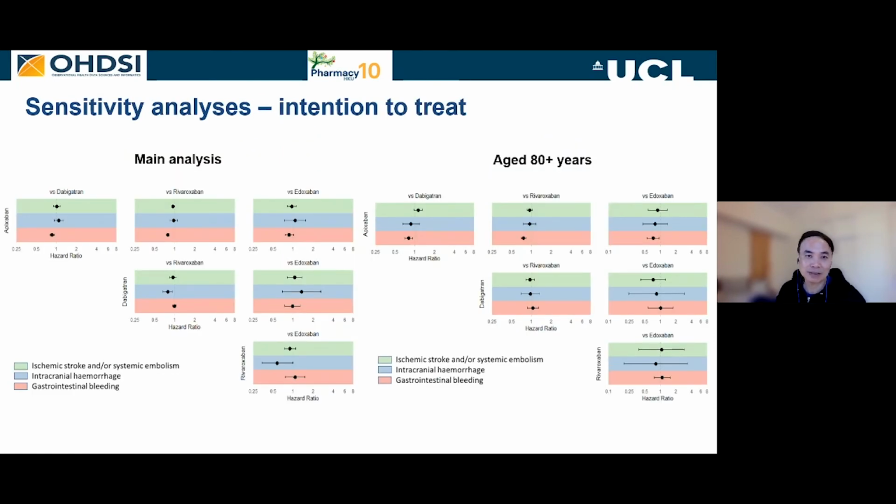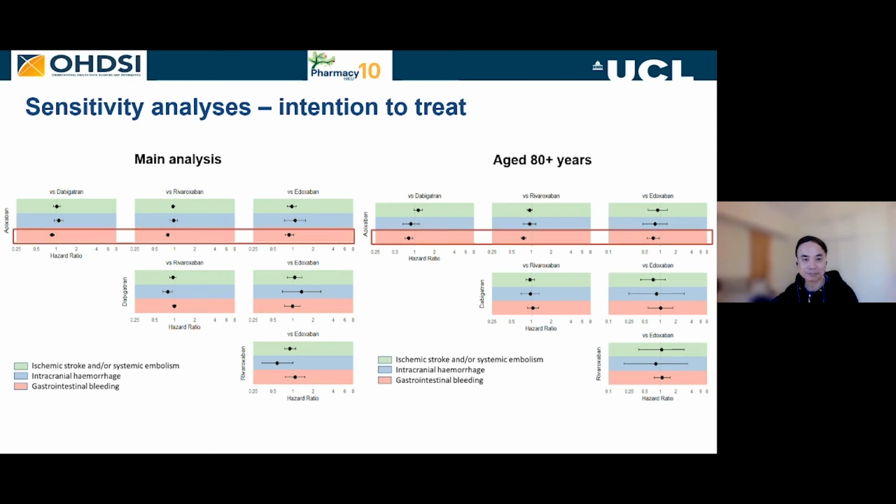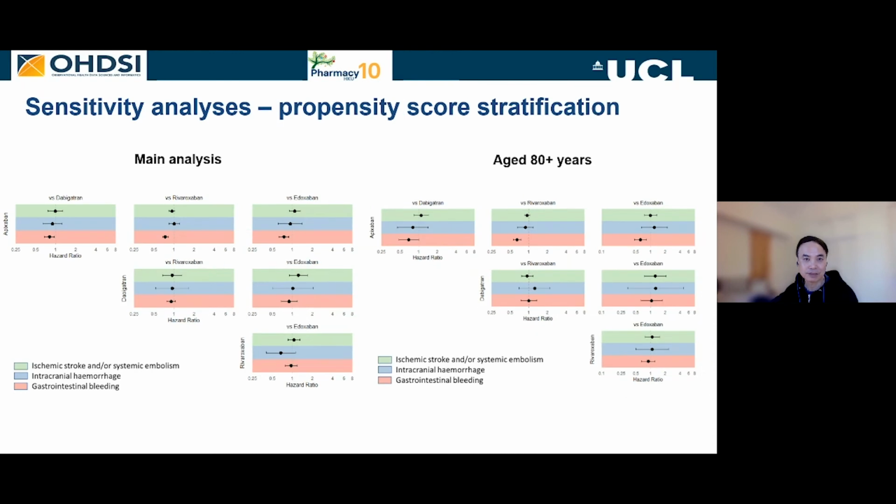So we looked at the sensitivity analysis, looking into intention to treat. We don't see a major difference from our main analysis. That gives us some reassurance that we're probably seeing real differences specifically in gastrointestinal bleeding between them. And again, we used propensity score stratification. We see a very similar picture.